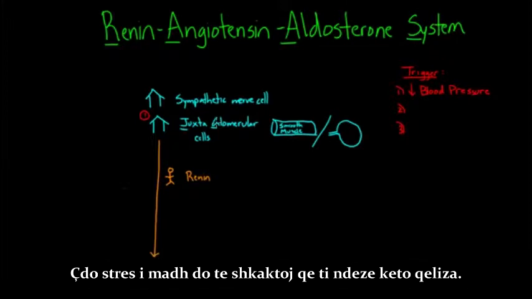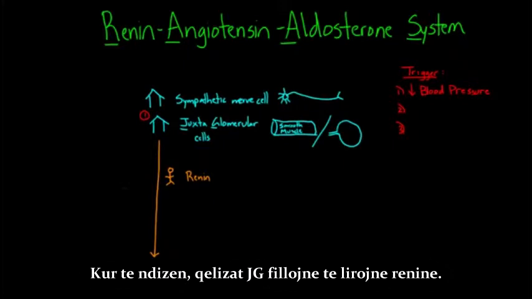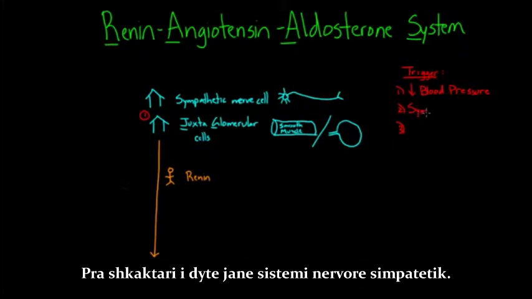Any sort of major stressor is going to cause these nerve cells to start firing. And when they fire, that JG cell starts releasing renin. So the second trigger would be sympathetics, or sympathetic nerves.